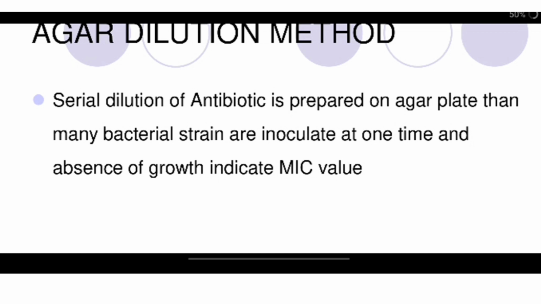And if we want to see whether this bacteria is able to be killed by that particular antibiotic at, for example, 8 MIC, we will directly inoculate onto the plate, and we will see whether its growth is present or not the next day. If it is present, then it means that at 8 it is not able to kill that bacteria.